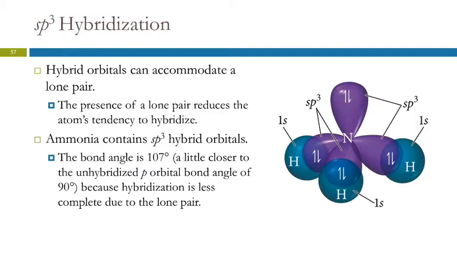So for ammonia, let's look at nitrogen here. If we look at nitrogen by itself, how many valence electrons does it have? 5. So if this is S and this is P, we're going to put 2 electrons in here, and then 3, 4, 5.